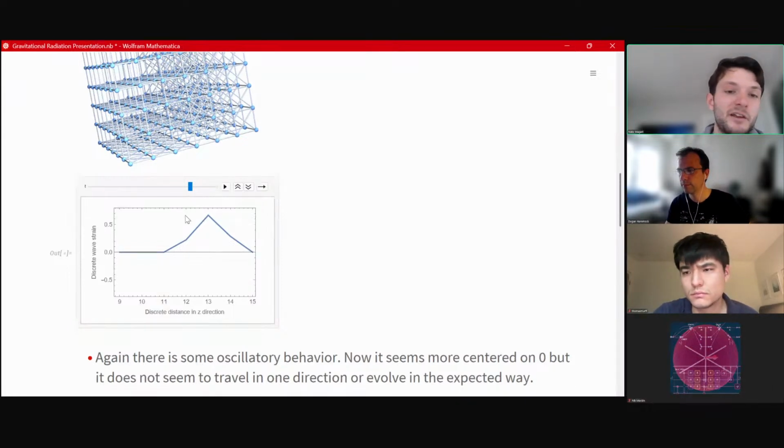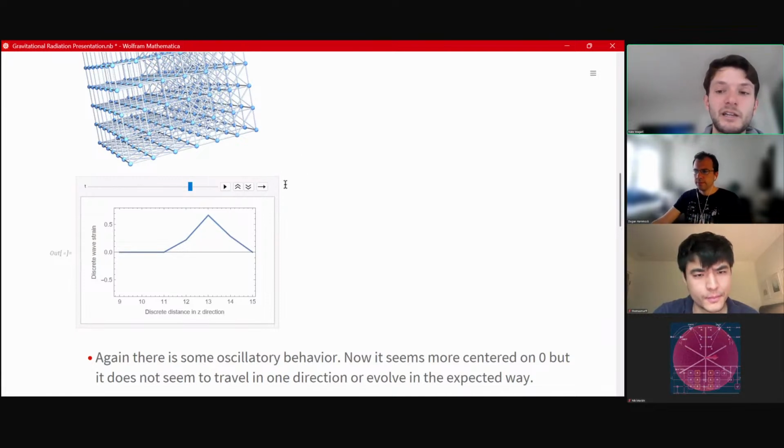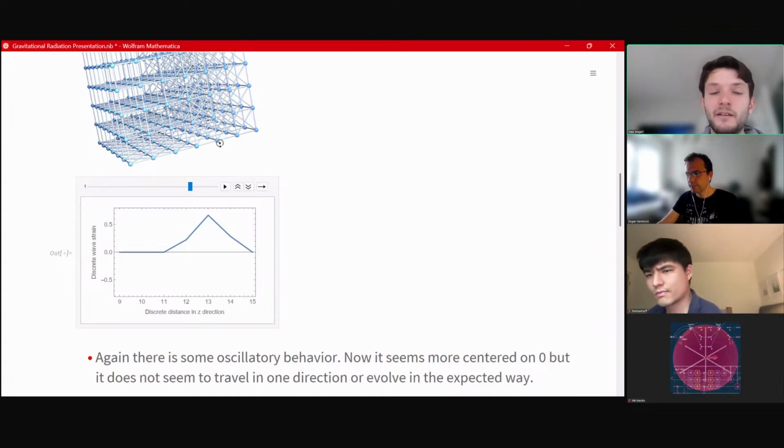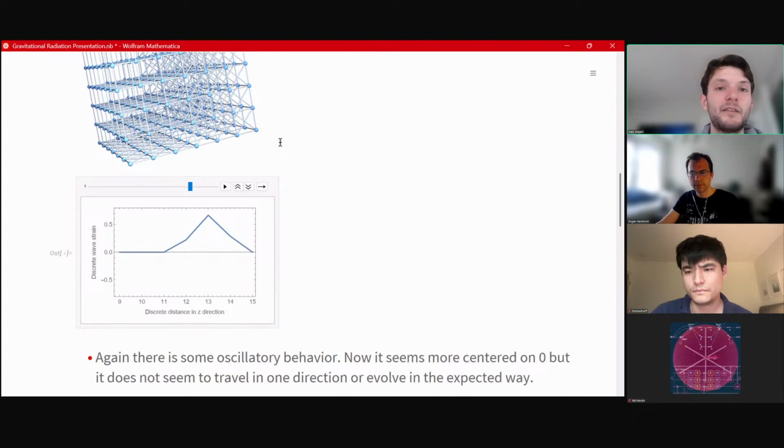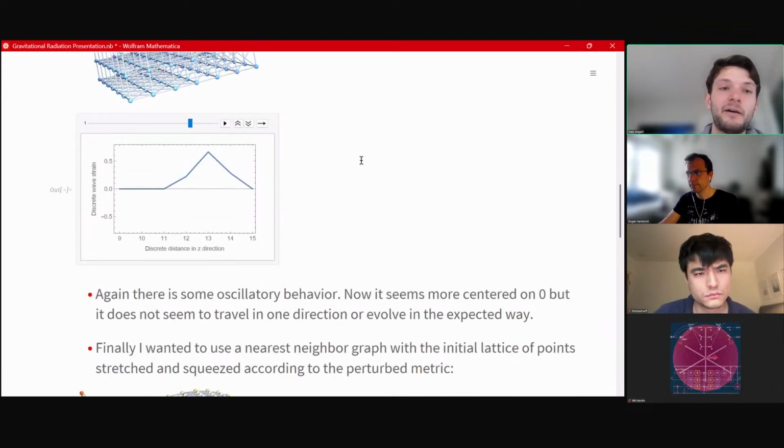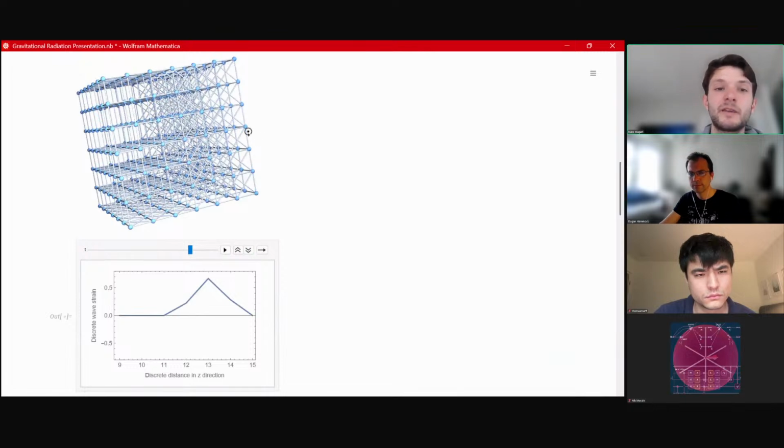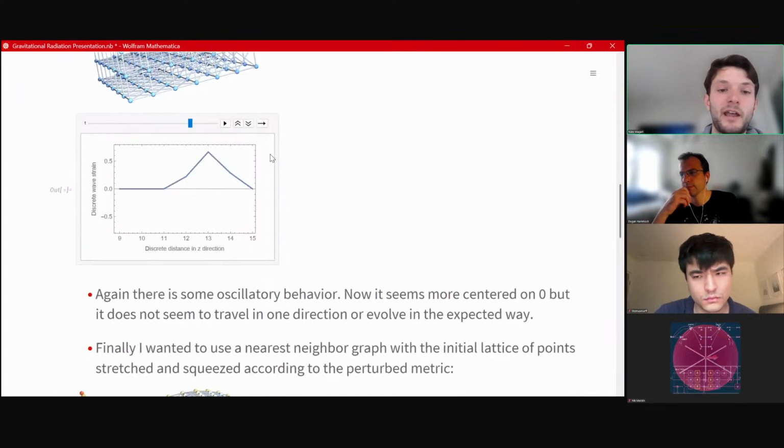And so that's another thing that I want to try, maybe using different boundary conditions to see if there's a way to show the wave just passing through the boundary and maybe dissipating somehow, just imposing different conditions on the boundary than what I have at the moment.